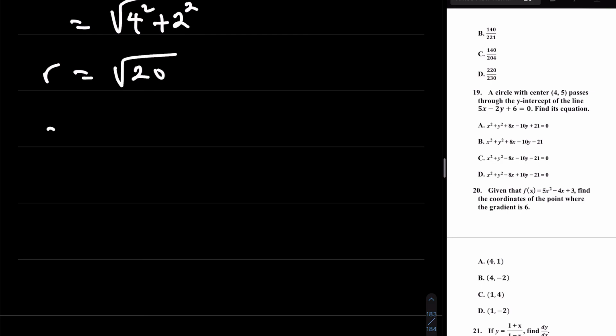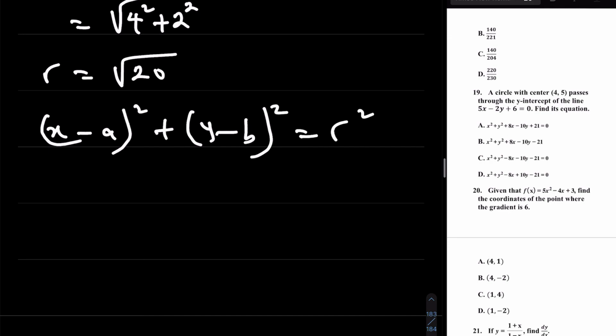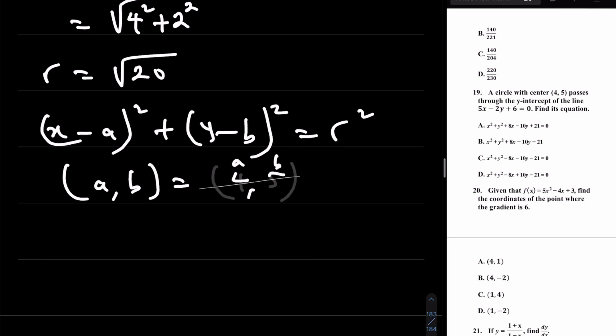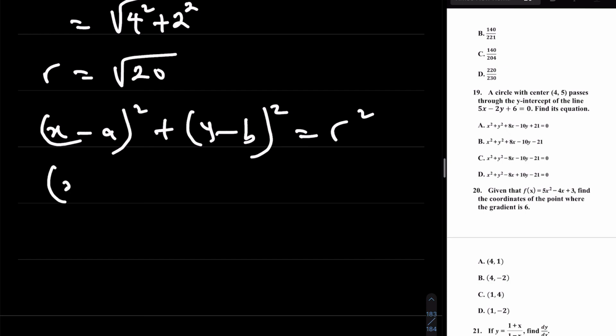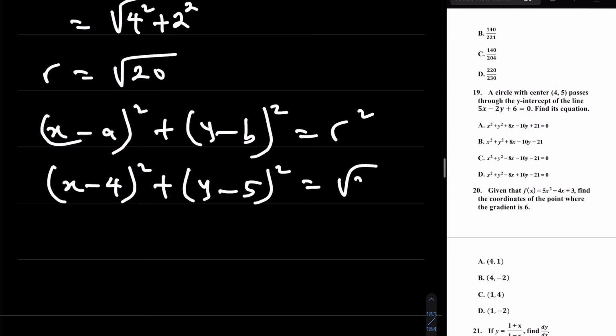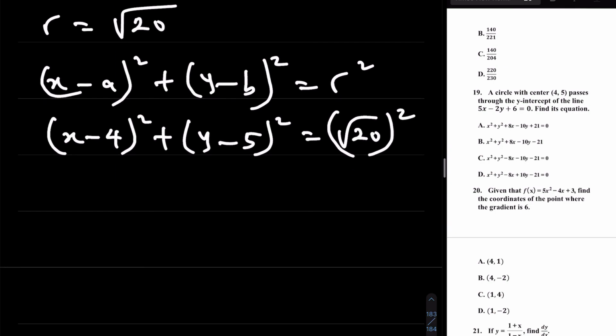The equation of the circle is given by (x minus a) squared plus (y minus b) squared equals r squared, where (a, b) are the coordinates of the center of the circle. That means a is 4 and b is 5. So the equation of the circle is (x minus 4) squared plus (y minus 5) squared equals the square of the square root of 20.